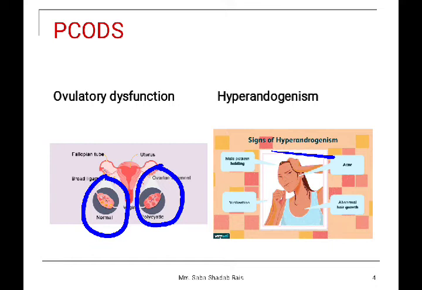Now, treatment involves lowering the insulin level, restoration of the menstrual cycle, and treatment of fertility problems, acne and all. To achieve all these things, I told you that you have to check your lifestyle: what are you eating, what is your lifestyle, are you lethargic, understood?